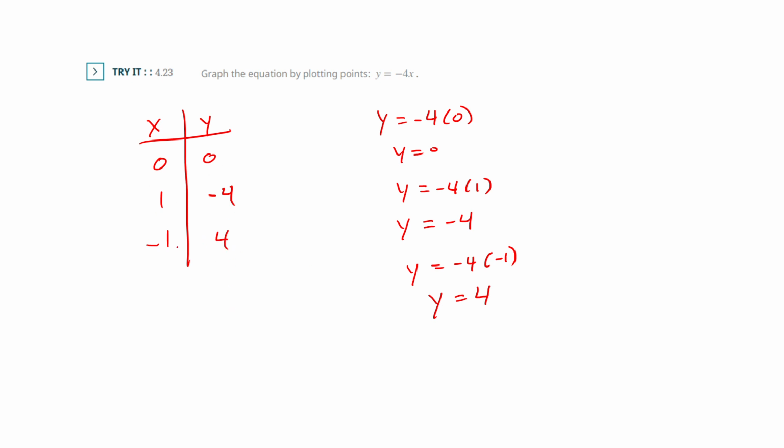Okay, so I have my points, and I'm going to graph it. So 0, 0 is right there. 1 in the x. 1, 2, 3, 4 down in the y. -1 in the x. 1, 2, 3, 4 in the y. And there we go.